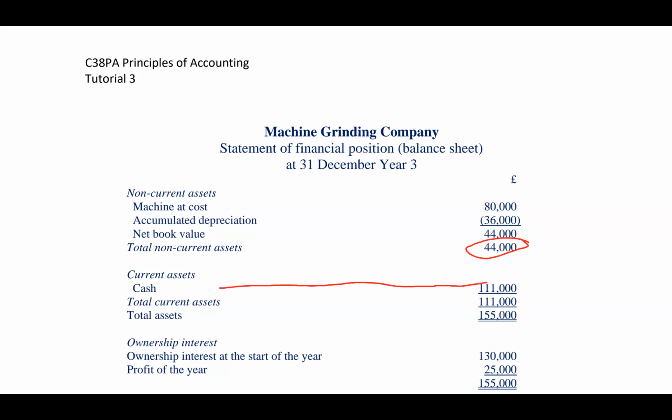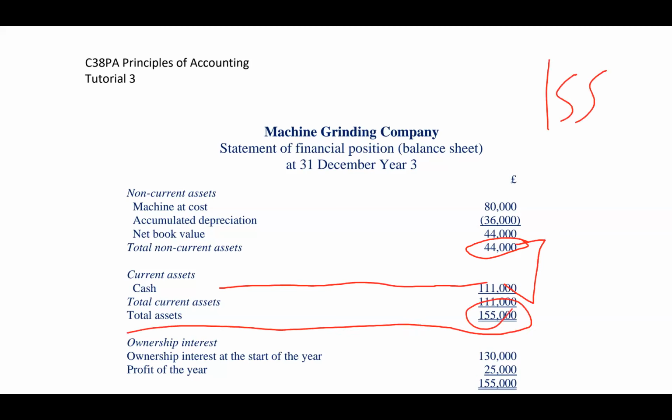So you add this cash plus these non-current assets, giving us total assets equal 155,000. And then the owner's interest, just that last figure that we found, in that column for accumulated capital was 130 plus the net profit.